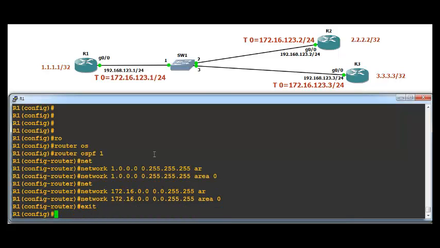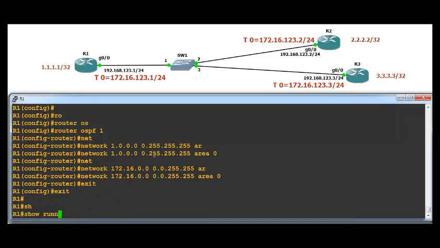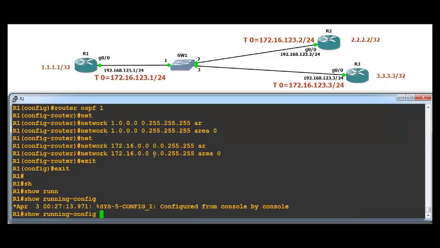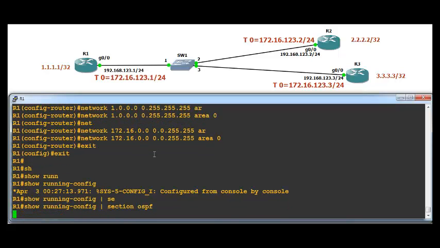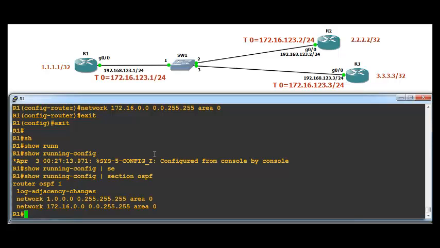Now a similar configuration I'm going to do on the other two routers. The tunnel is a /24, and it's not necessary that you match exactly. What I'm saying, what is the meaning of this?